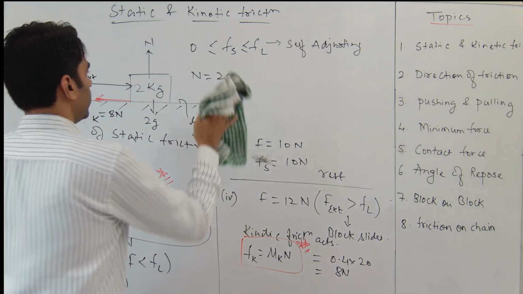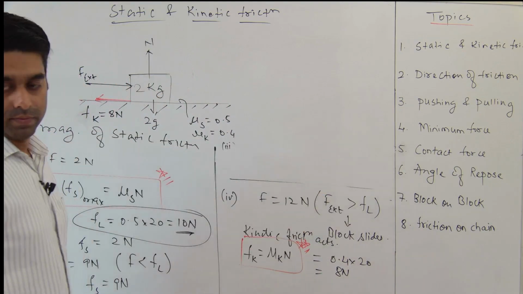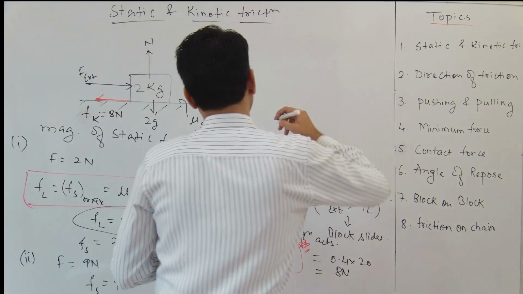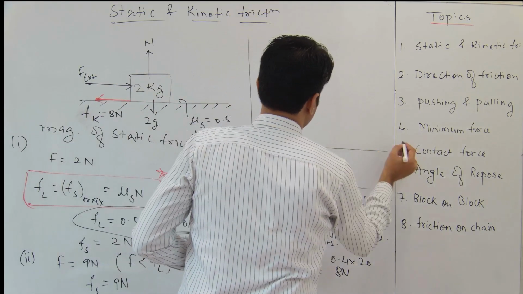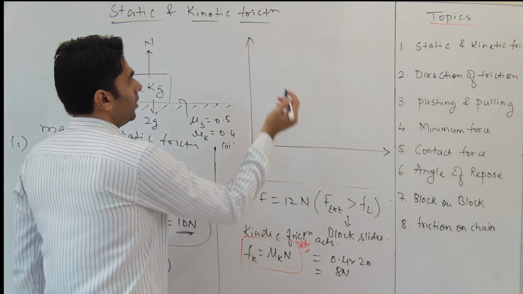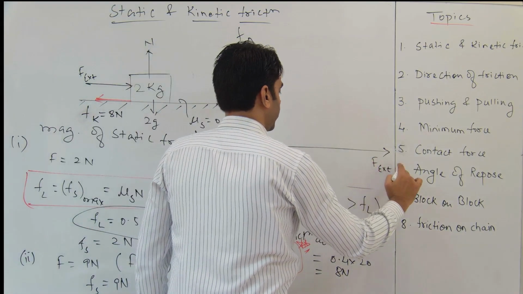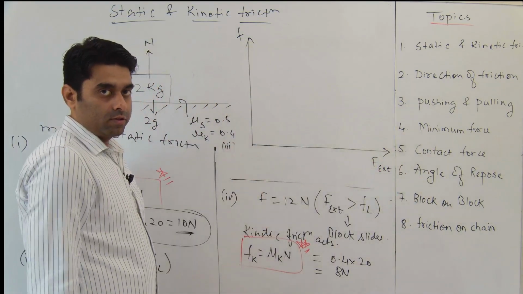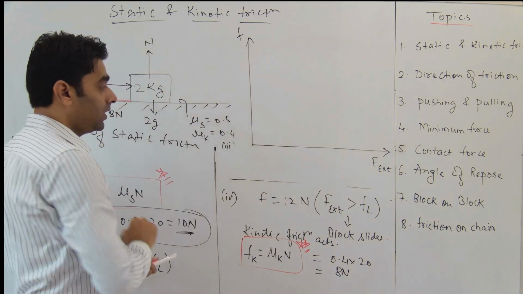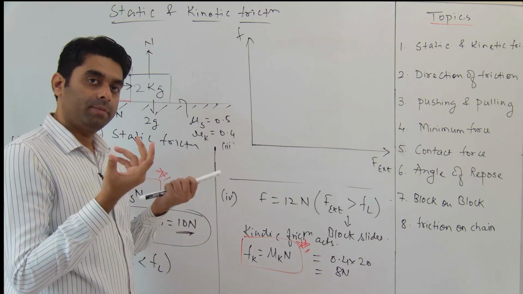Let us draw one graph. Let's say on the y-axis we take the friction value and on the x-axis we take F external. When external force is 0, no friction is required. The block is at rest, no external force is applied, so it will remain at rest.